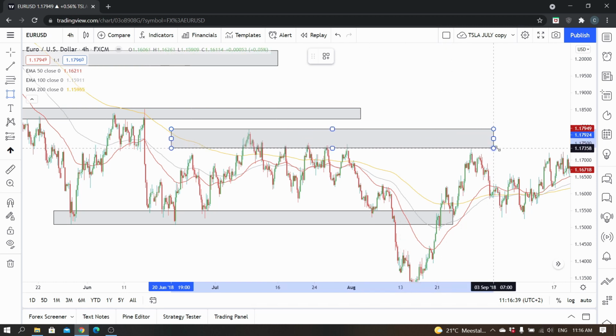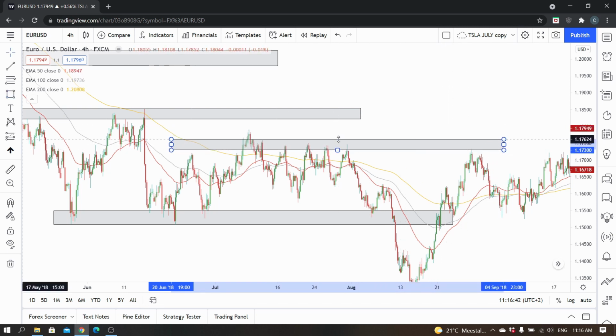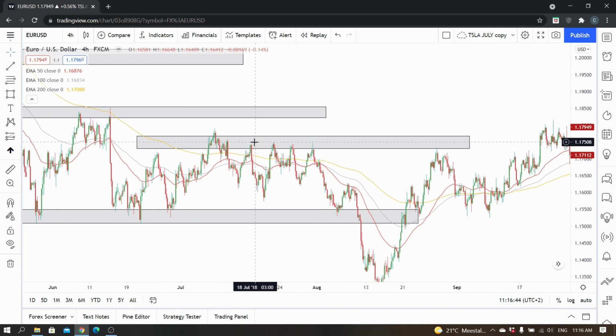And then you have this key level and this key level between which it bounces again very much. And then you can see that it is consolidating again if you combine the price bouncing between these key levels with the EMAs which are moving sideways.